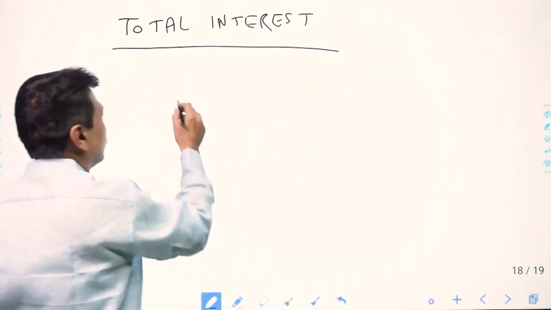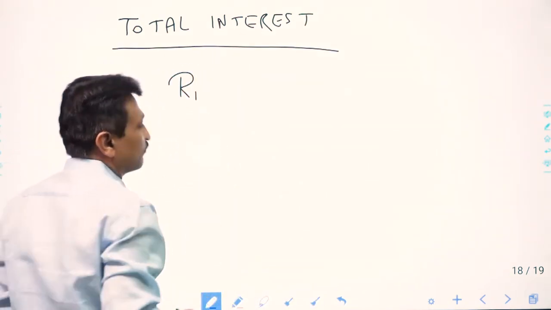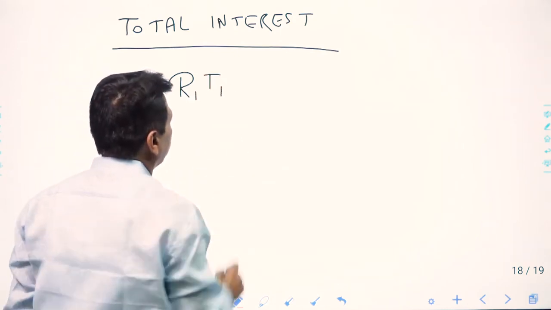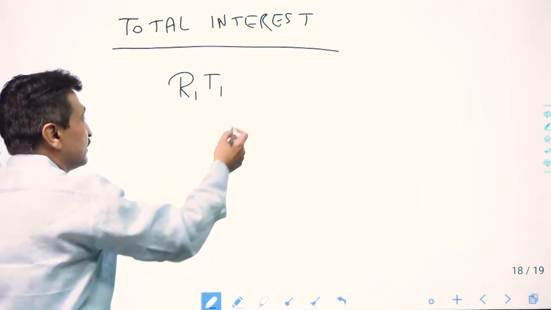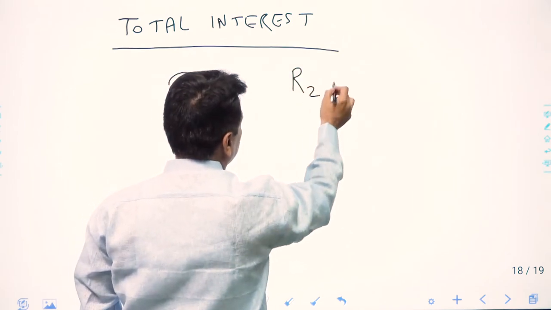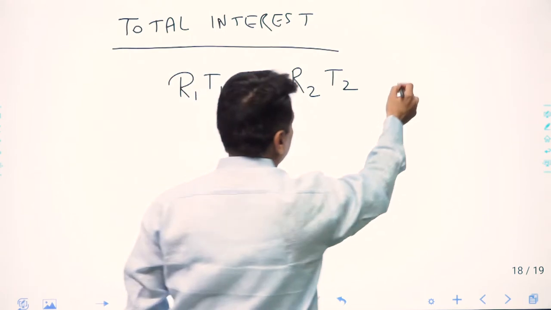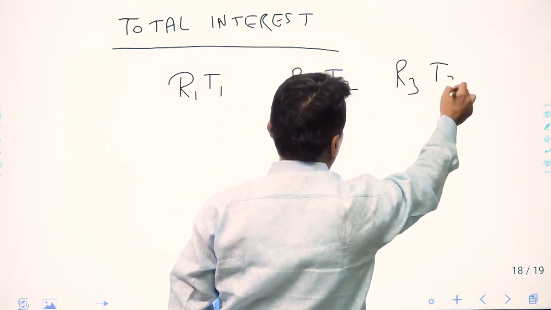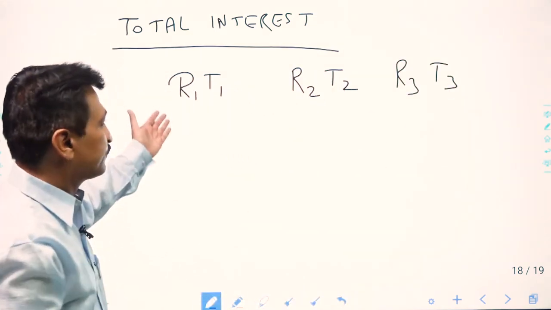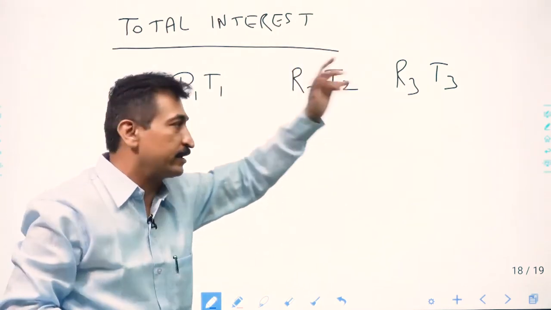Suppose the first person gets money at R1% for T1 years, find out R1 T1. The second person gets money at R2% for T2 years. The third one gets money at R3% for T3 years. So total interest for first person, total interest for second person, total interest for third person.